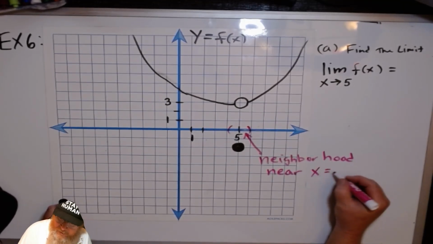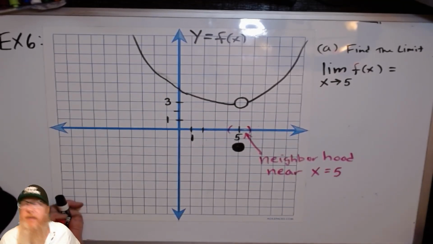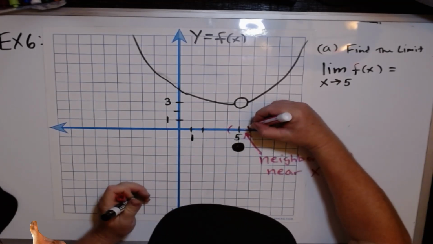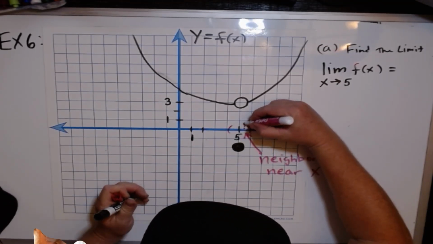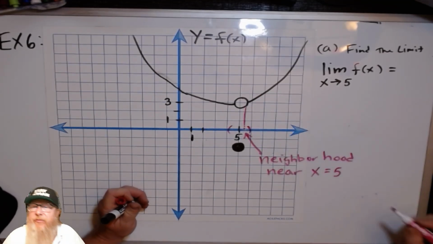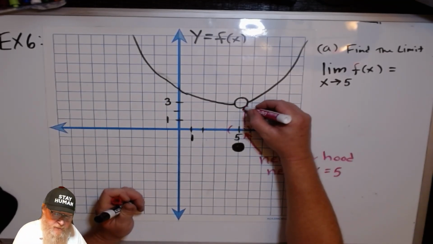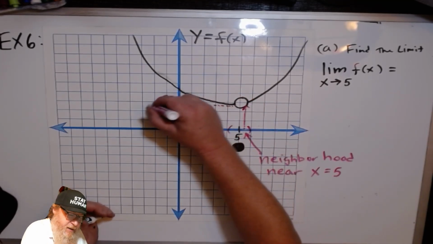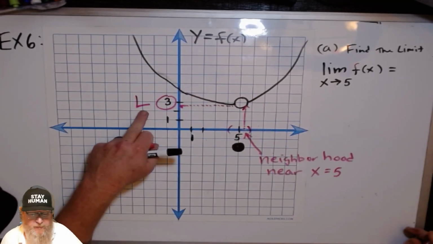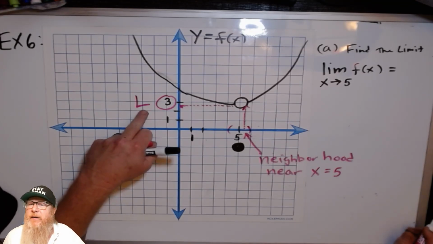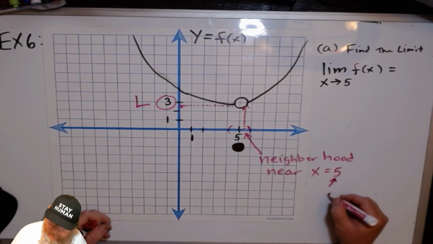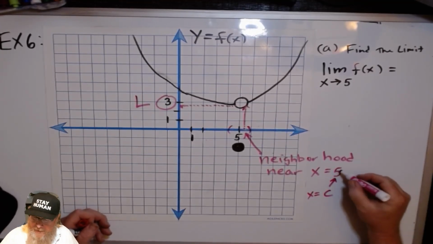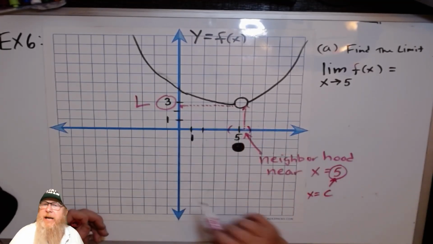Near x equals 5. It's almost like you're just focusing near x equals 5. So when you are near x equals 5, this is your L. So this is your C. 5 is your C, and 3 is your L.